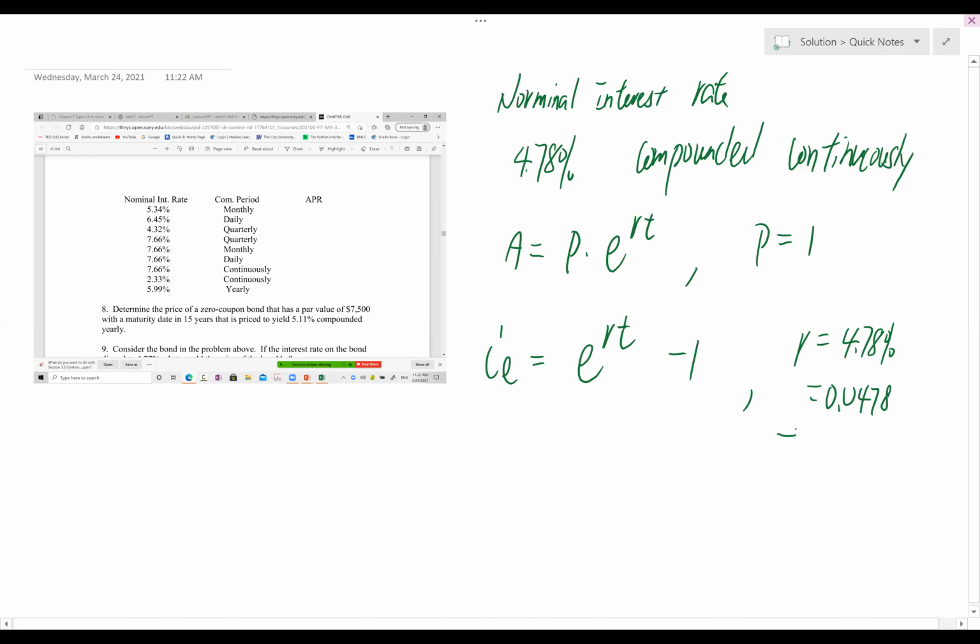And then T here is 1 year, so just 1 year. Okay. Now we get i_e, which is e raised to 0.0478 times 1, minus 1. And again, we put it into the calculator or Excel to get a result.